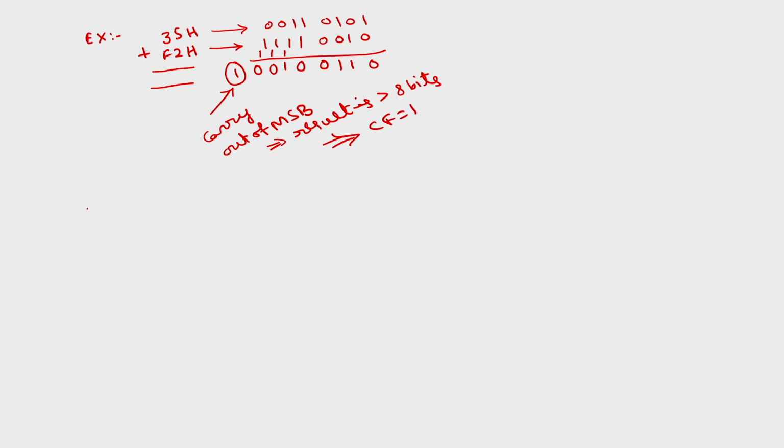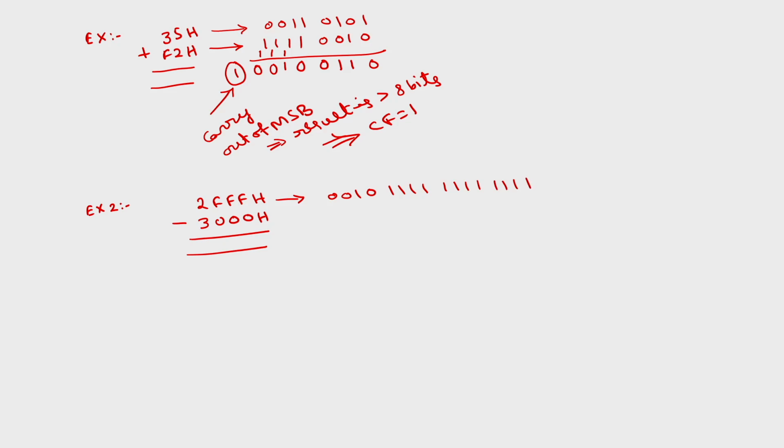If I take another example for 16 bit, say the subtraction 2FFH minus 3000H. So, 2FFH will be the 16-bit equivalent 0010 1111 1111 1111. 3000H will be 0011 0000 0000 0000.